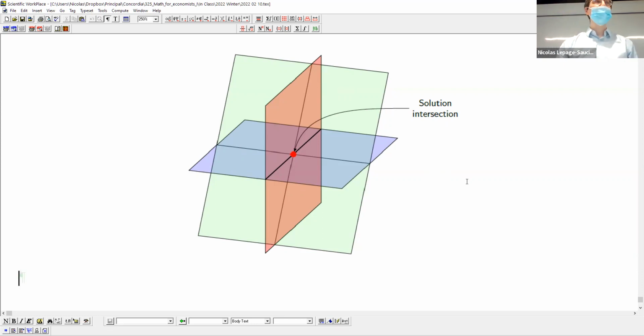So now let's talk about the topic that's been raised before, and I didn't address it properly. So linear independence.